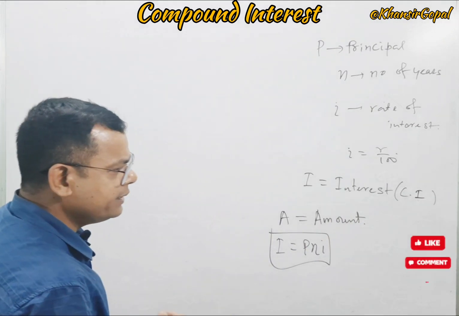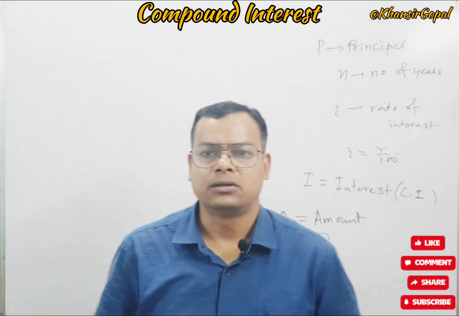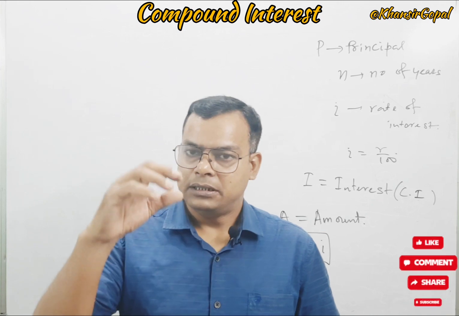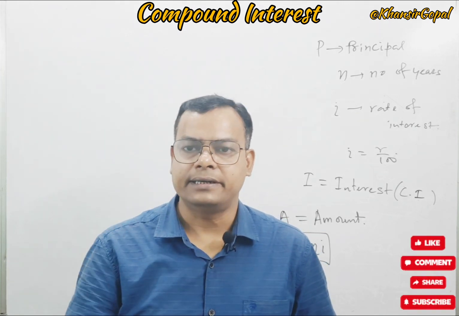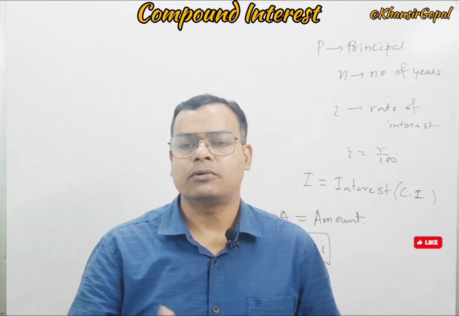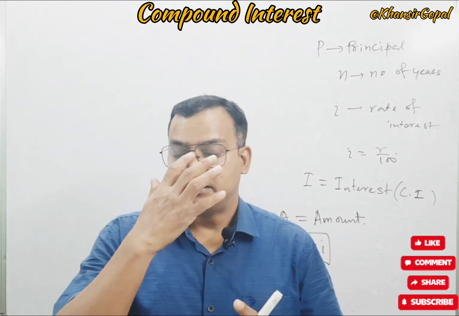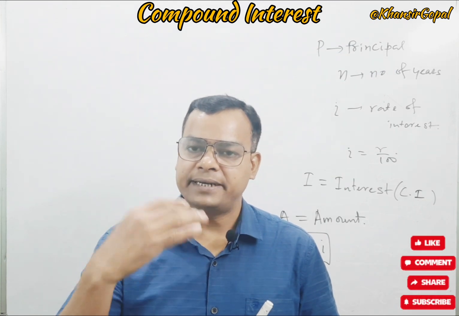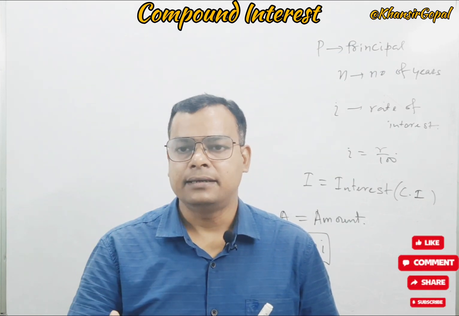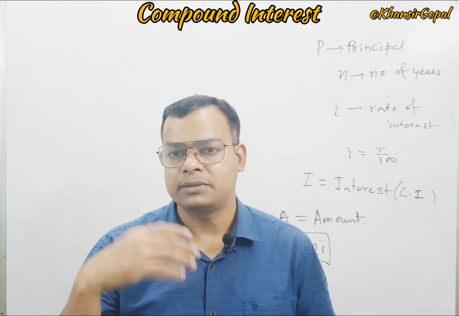Okay. Actually, what is compound interest? That you have to understand. If you keep some amount in a bank for 1 year, after 1 year you get some interest. In simple interest, only from the main principal money you will get interest, not from the interest.